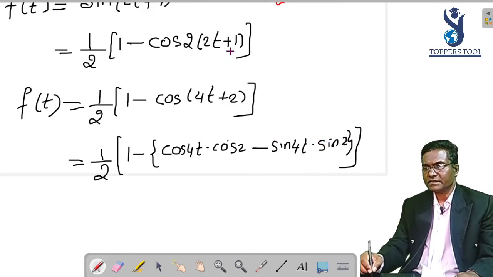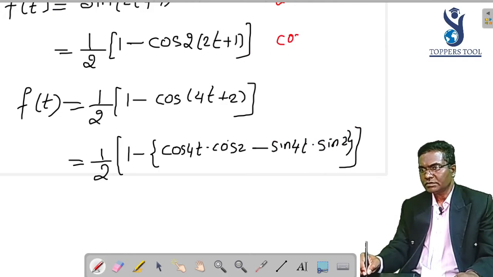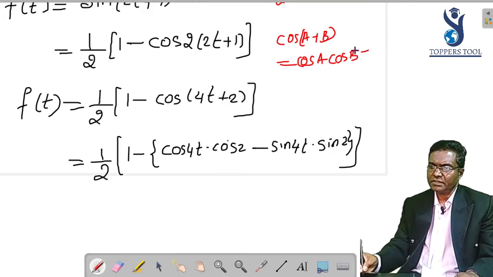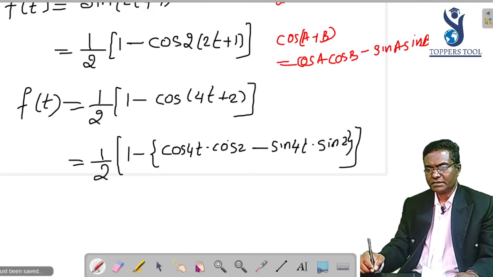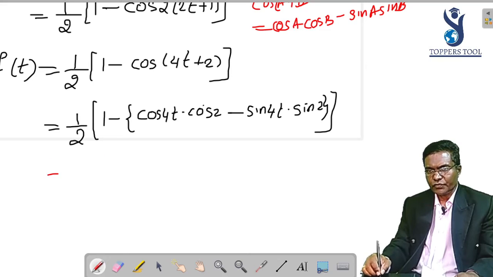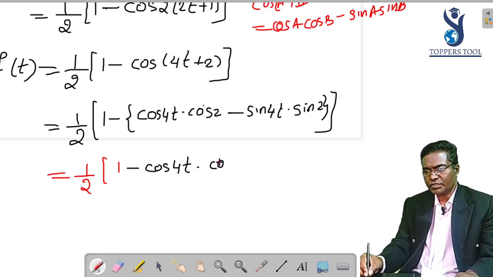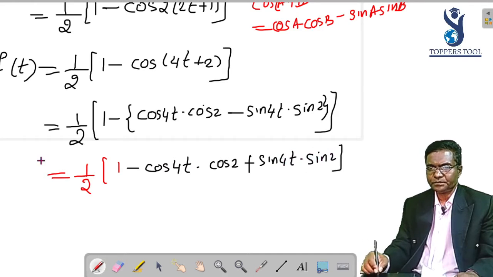Cos of (A + B) is cos A cos B minus sin A sin B. So I can write it as 1 by 2 times (1 minus cos 4t into cos 2 minus sin 4t into sin 2), which is equal to 1 by 2 times (1 minus cos of 4t into cos 2, which is constant, plus sin of 4t into sin 2, which is constant).